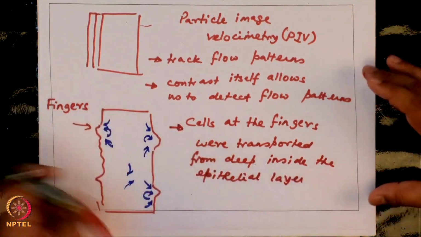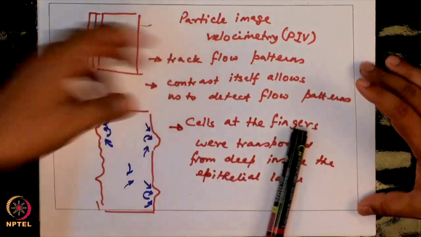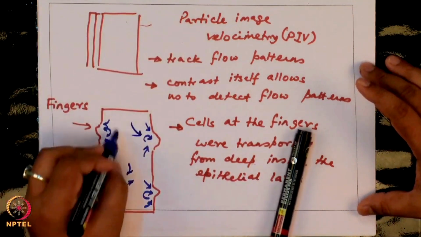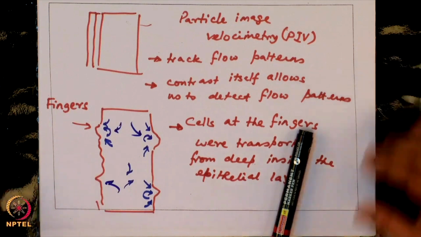Okay. So this flow allowed cells to migrate from the center towards the edges or towards the location of the fingers.